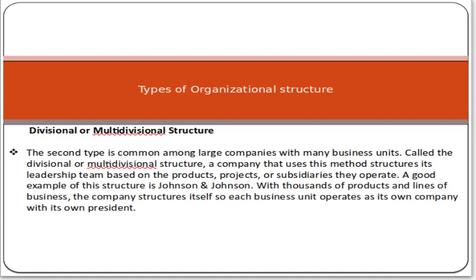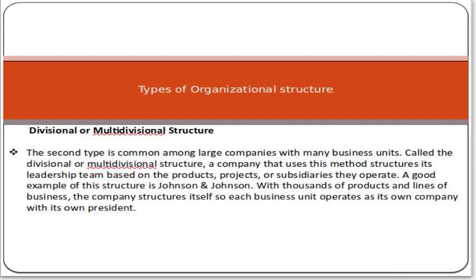The company is based on multiple divisions, and every division is independent, managing its business by itself, and has its own operations division. Every division is by itself a separate and independent division. So this is the concept of the divisional or multi-divisional organizational structure.